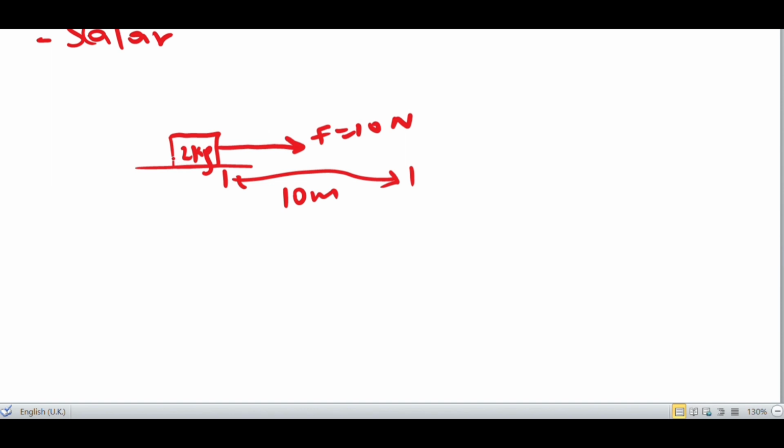Let's assume that there is a frictional force, maybe 2 newtons, acting on this object.